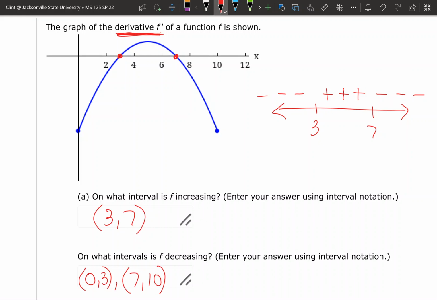We go from negative to positive at 3, so that would be a local minimum at 3. And then we go from positive to negative at 7, so that's a local max. It doesn't even ask us to specify on this one, but it's good to go ahead and specify.